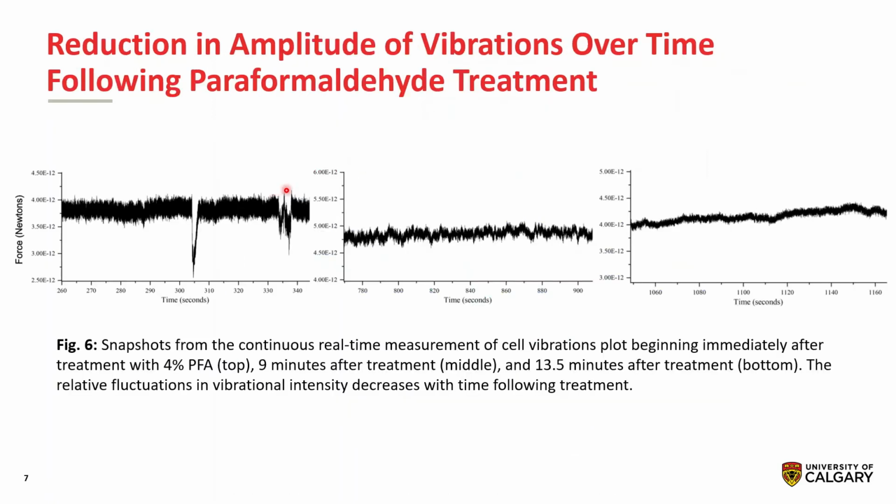Another qualitative graph here shows that just immediately following treatment, the vibrations of the cell are still very thick in amplitude, but as time goes on, these vibrations taper off, showing that the cell has become less active with time.